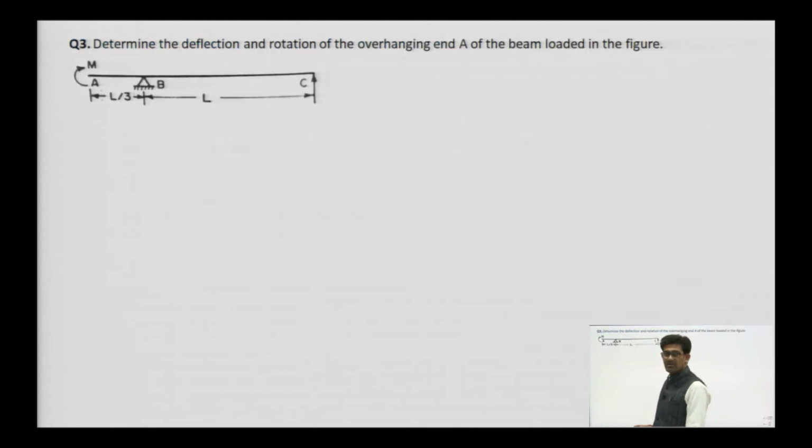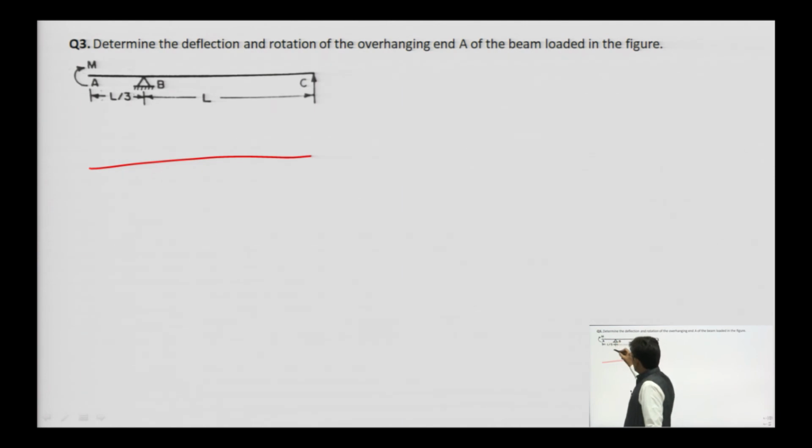So, let us make the conjugate beam of this one. This is the given beam, then let us plot its BMD. Since it is M, M will be constant here.